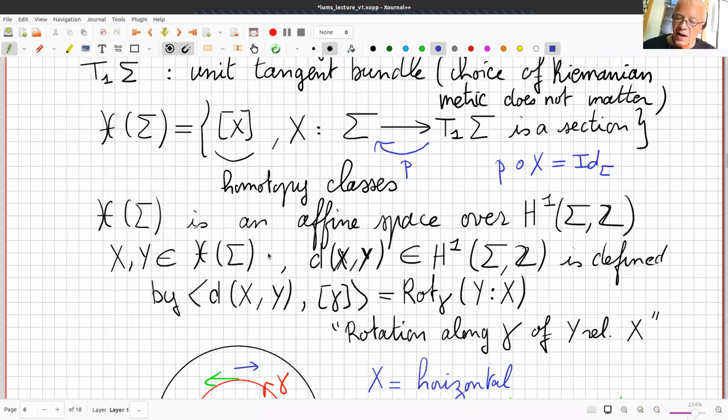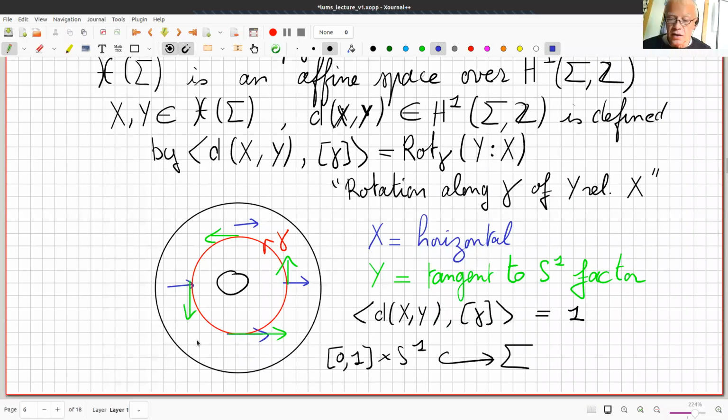I take the blue vector field, and then the green vector field Y is following the circle. So it's tangent to the S1 factor. And then when you go along gamma, you count the rotation of the green with respect to the blue.